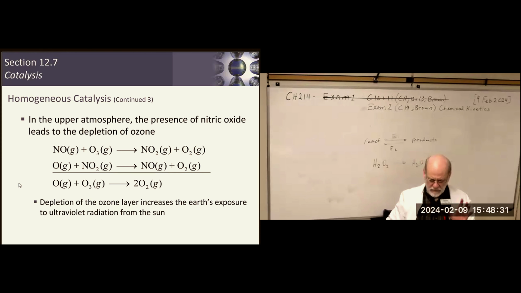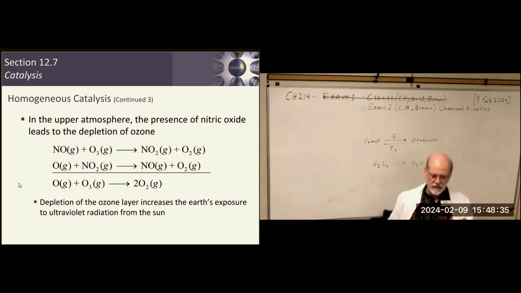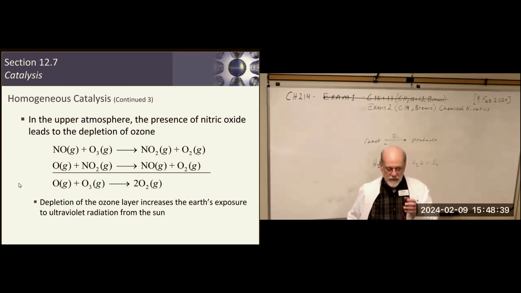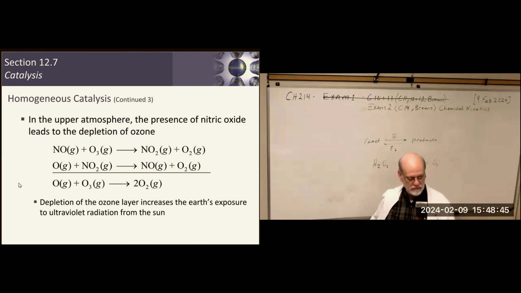No, excuse me, ozone is the good part of the atmosphere because ozone is an extremely efficient absorber of ultraviolet radiation and protects living things in the lower parts of the atmosphere from exposure. So we want ozone in the upper atmosphere. We just don't want it down here where we can breathe it.